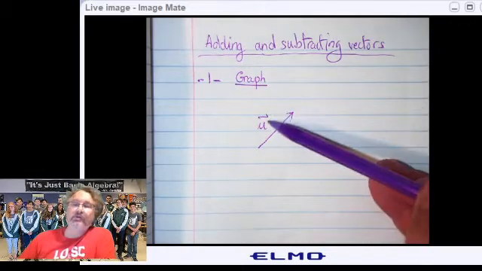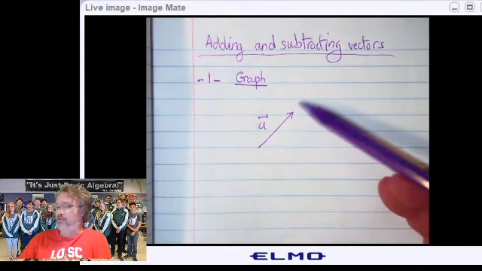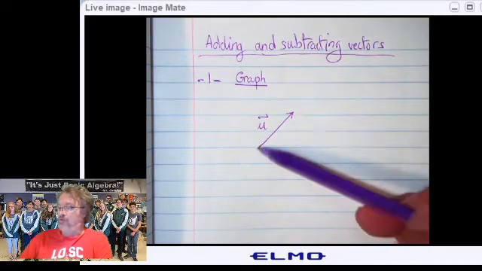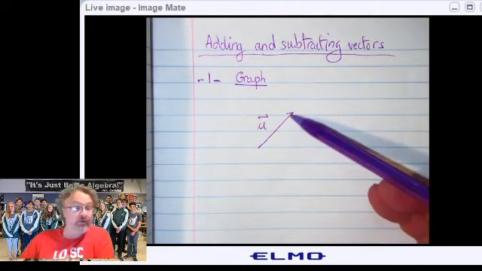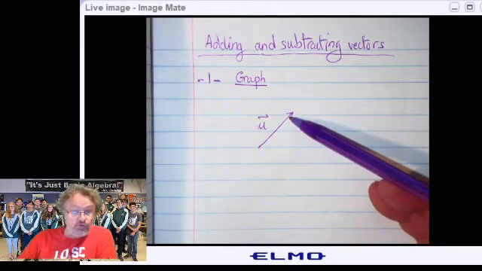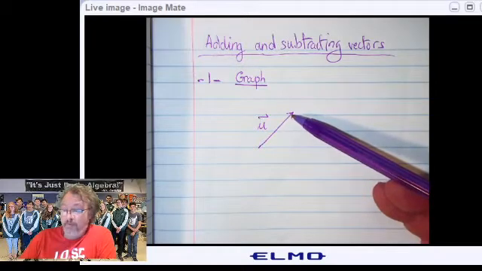So what matters when you look at a vector like this is to know its starting point and its end point. The magnitude of the vector represents something that can be measured in meters per second, in Newtons, in pounds, in whatever.